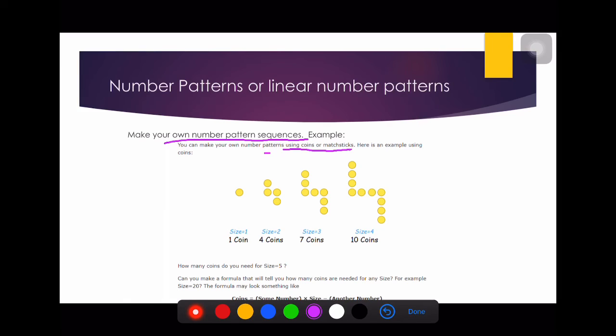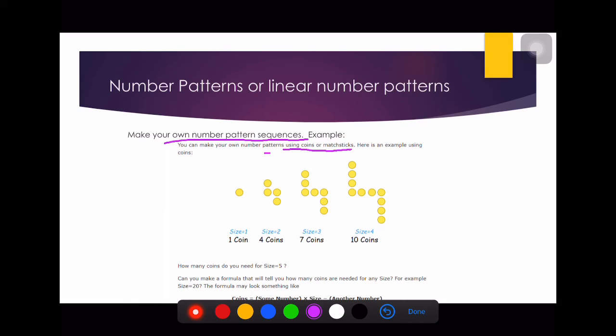So this is 1 coin. The number of the coin and the value of the coin must be the same. So this is 1, and then because you want to add 1 on top and 1 at the bottom, you add more, and then you add more, and then you add more.